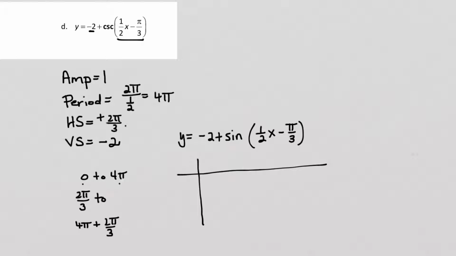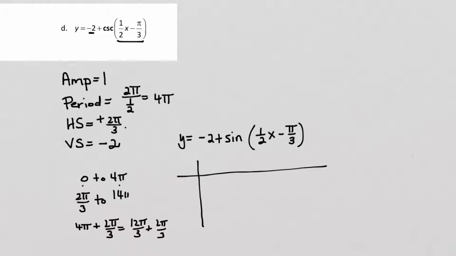It helps to write it out sometimes, so that's 12 pi over 3 plus 2 pi over 3, and that's going to give me 14 pi over 3. All right, so we start off at 2 pi over 3, and we're going to end at 14 pi over 3.